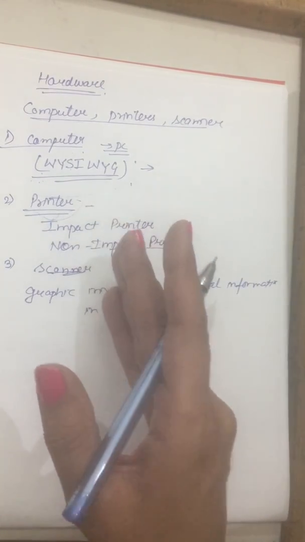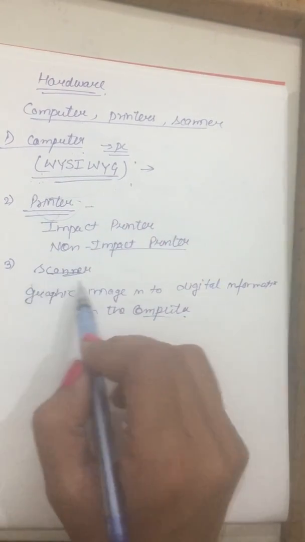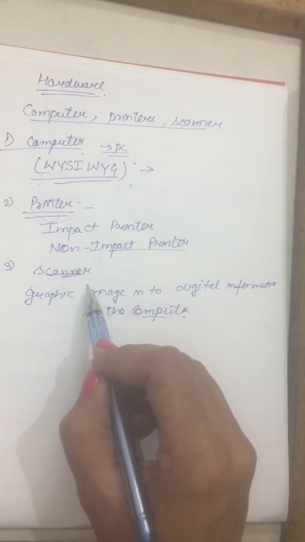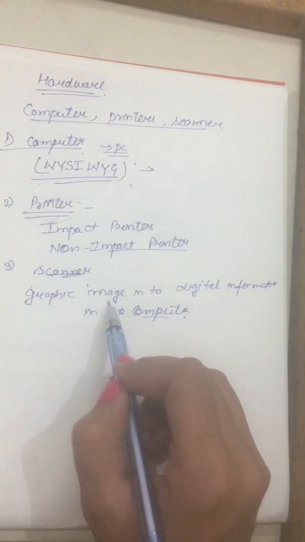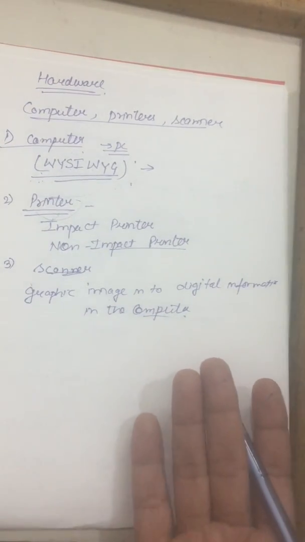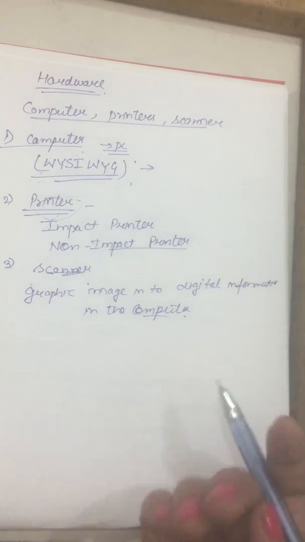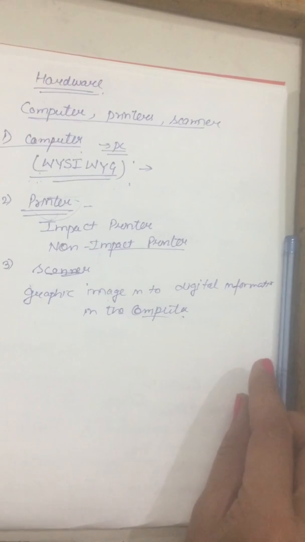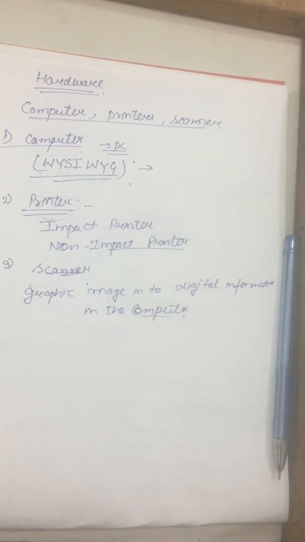These are the impact and non-impact. And third is the scanner, which is used to convert graphic images into digital information in the computer. Thank you, that's it. This is the hardware, and software will be discussed in the next session. Thank you.